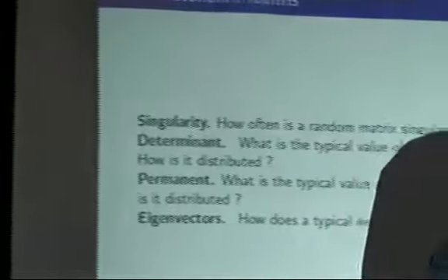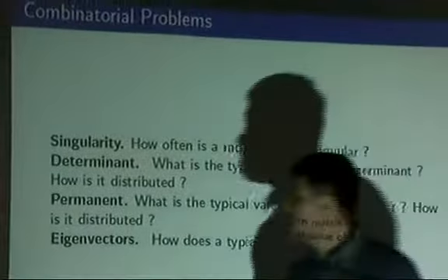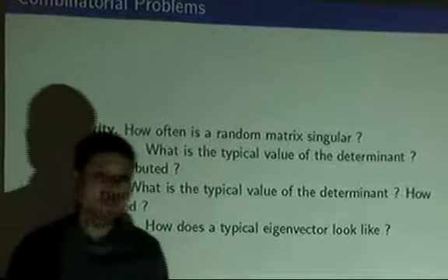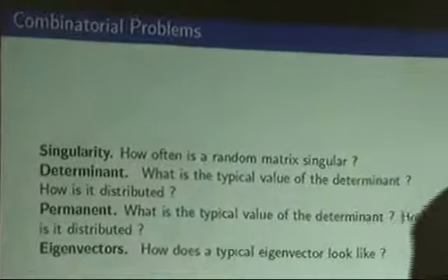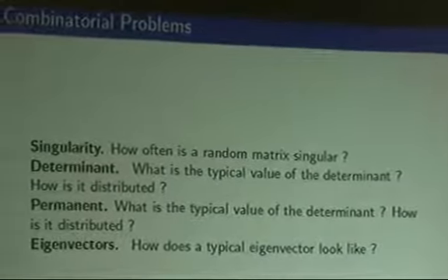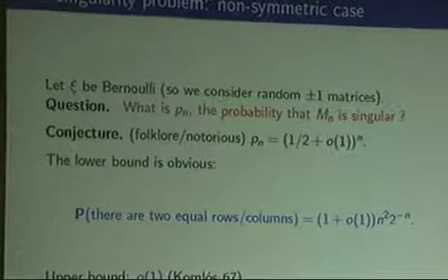For instance, if you take a matrix with positive entries, the permanent is always positive by definition, but the determinant can be negative. Okay? But formally they look quite similar, just the signs are different.